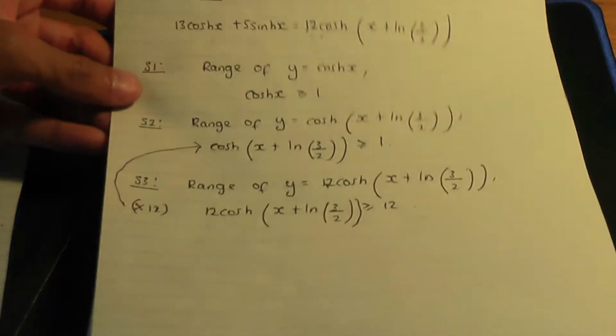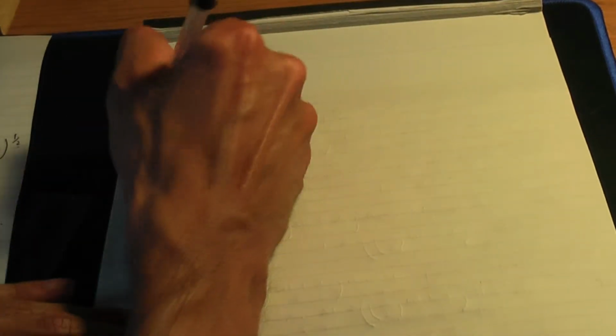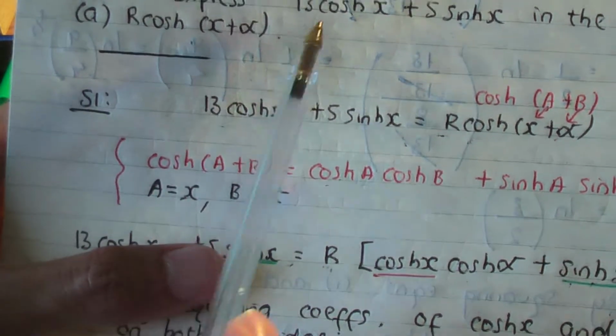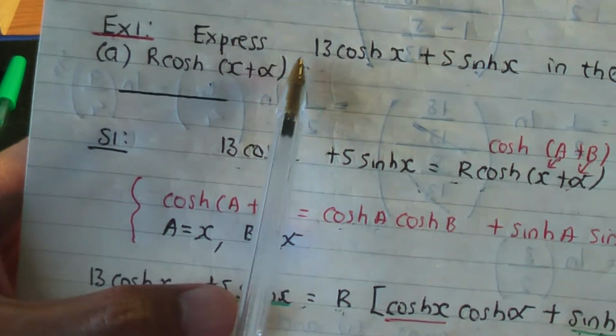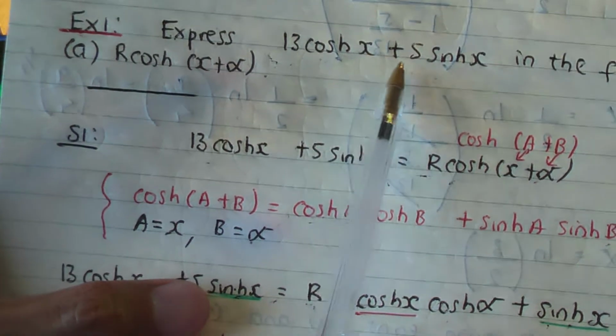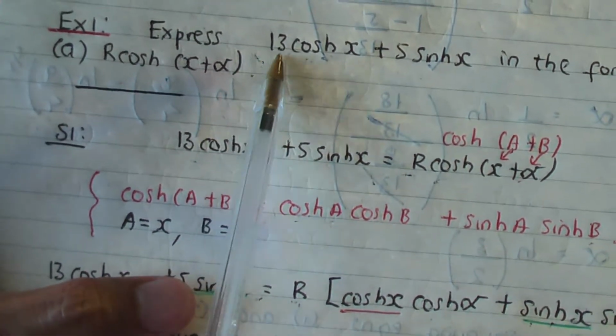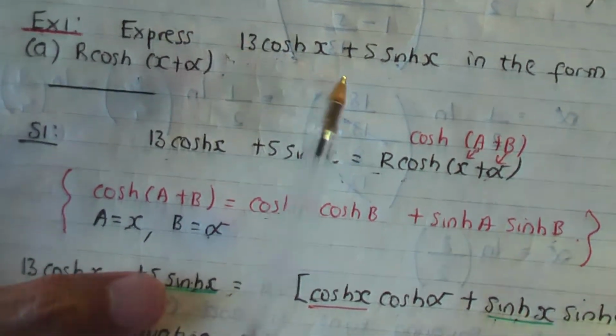Now I'm going to continue further, so let me continue on the reverse, and I'll call this part C. What I'm going to do now is show you how to sketch. If I take where this question started, I'm going to show you how to sketch y equals 13 hyperbolic cos x plus 5 hyperbolic sin x.